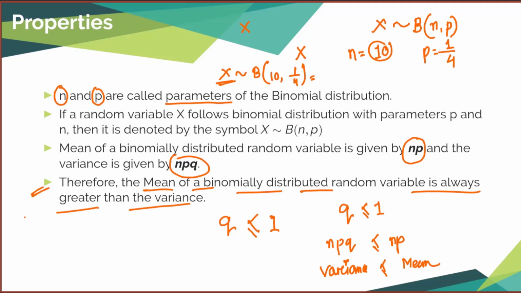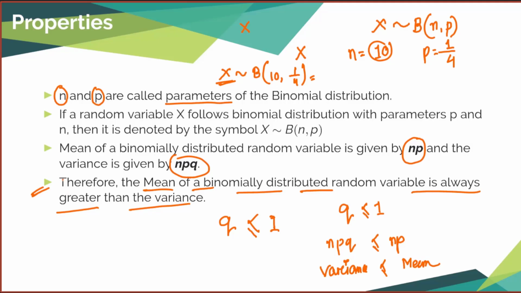That is one property. Now these properties are useful in a practical sense, that when you are going to fit a distribution to data, it is very advisable that first of all you look into different descriptive statistics of the data, and if you find out that for the particular data set the mean is greater than the variance, then it is very likely that you can apply binomial distribution and it will be fruitful, right?